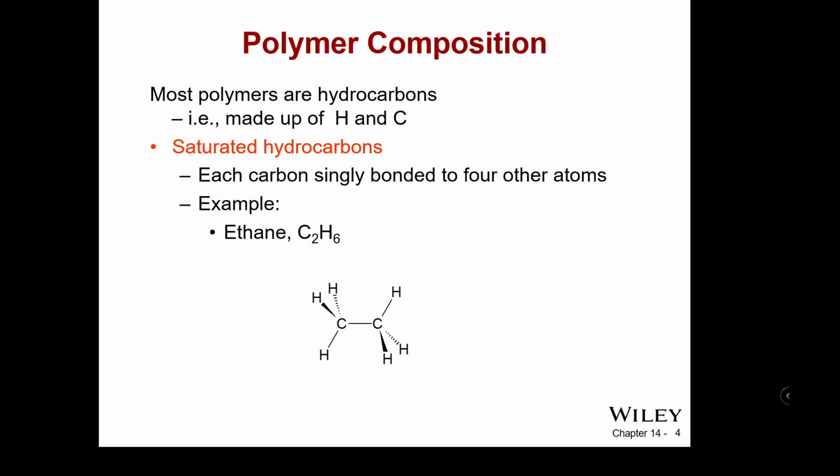Very interesting. Now the composition of polymers: most of these polymers are hydrocarbons, meaning they have hydrogen and carbon as their primary components. The saturated hydrocarbons typically are what polymers are. There are instances where polymers are unsaturated. Vegetable oil, for instance, is a good example of an unsaturated polymer.